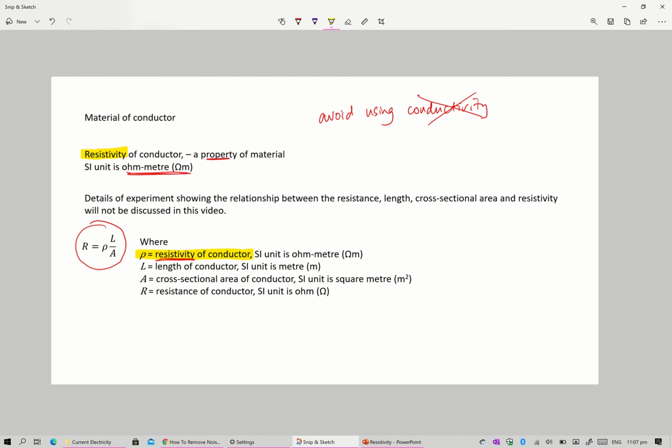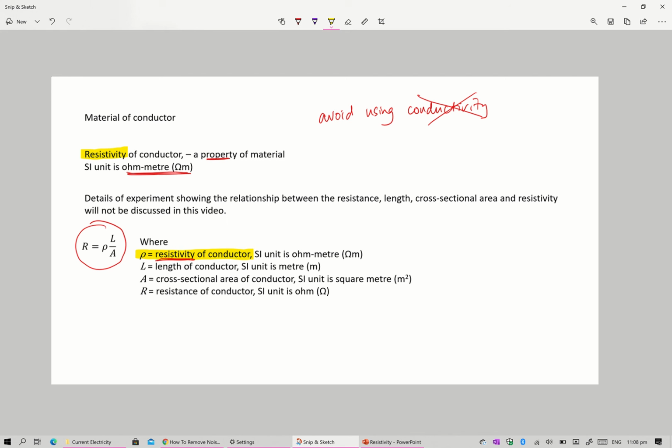Generally, rho is used to represent properties of materials in physics. In this case, rho represents the resistivity of the conductor, and the SI unit is ohm meter. L refers to the length of the conductor, A refers to the cross-sectional area, and R refers to the resistance. Hence, we have R equals rho L over A.